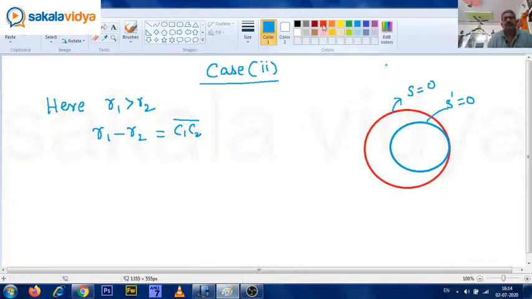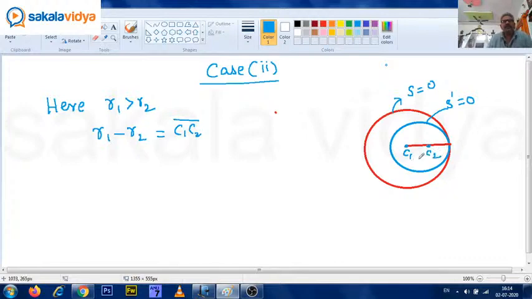Distance between the two centers. For example, you take it like this. Say this is C1, the center of this circle, and C2.